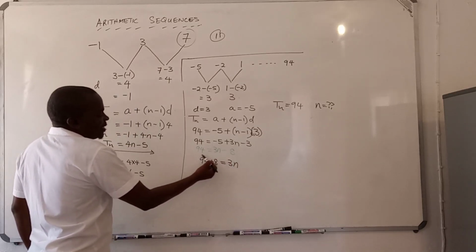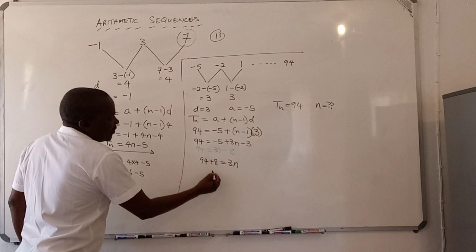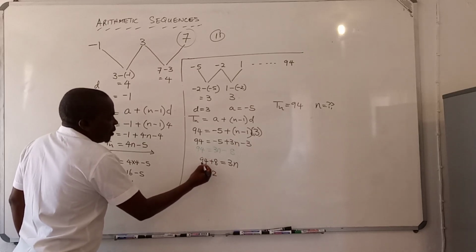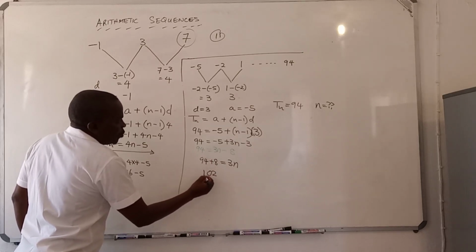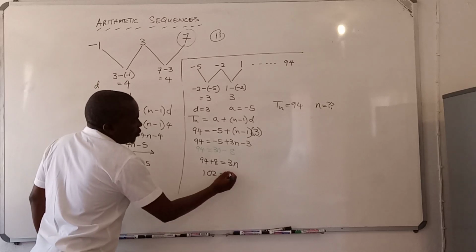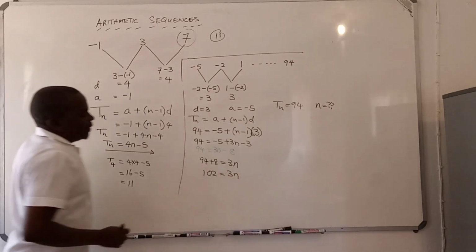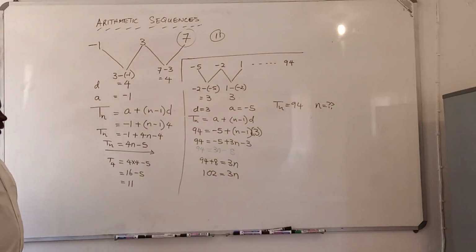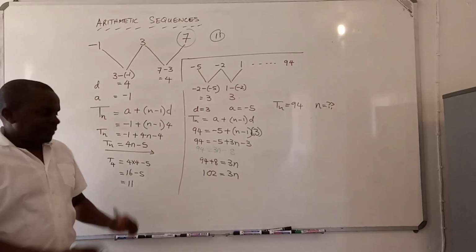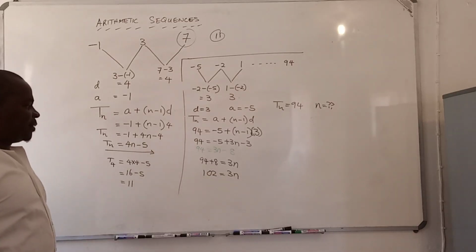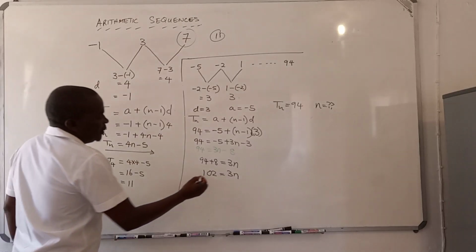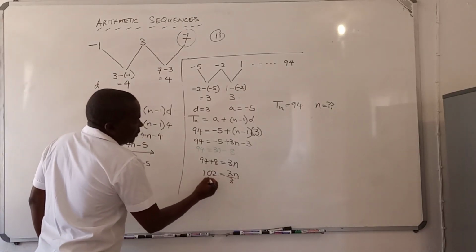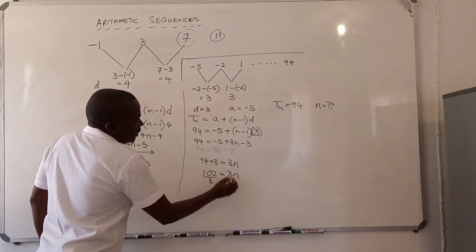You can use your calculators there. It's 8, 9, 10, 11, 12, 2, carry 1, 10. So it will give us 102 is equal to 3n. To find n, divide both sides by 3, right? Over 3 here, over 3 there.